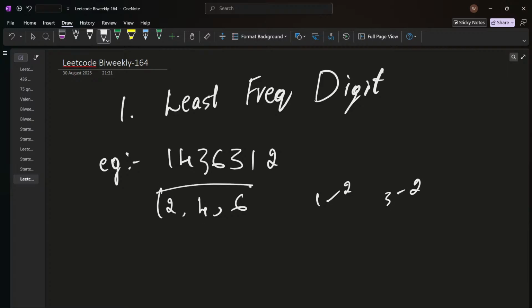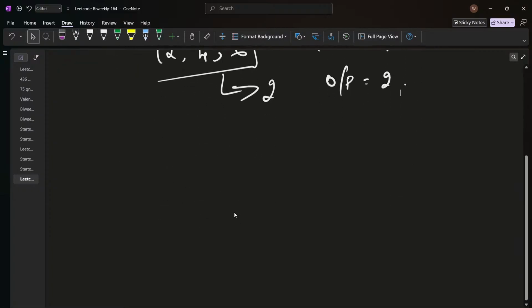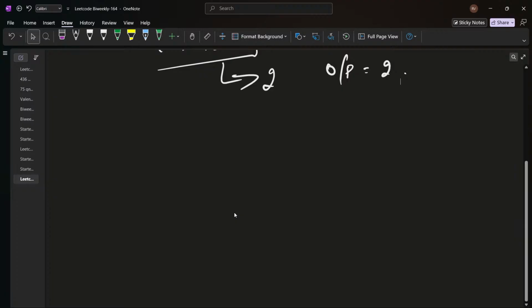Among 2, 4, 6, since 3 digits are appearing once, we need to take the smallest digit, which is 2. Our output will be 2. This is basically the question given. Again, a very easy question. We'll see the intuition for this question.